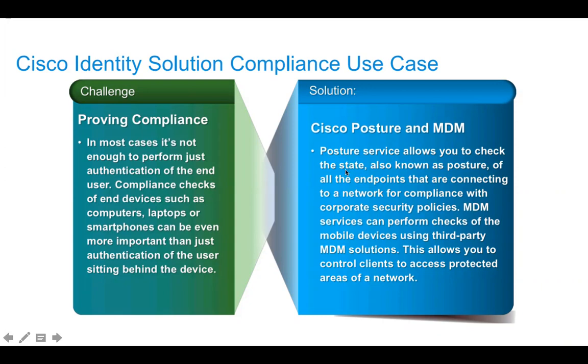So that is called state, also known as the posture of all the endpoints that are connecting to a network, for compliance with the corporate security policies. Mobile device management services can perform checks of mobile devices using a third-party MDM solution, which is MobileIron. This allows you to control the clients' access to protected areas of the network.